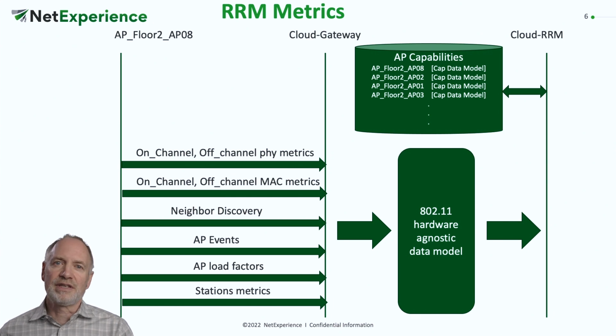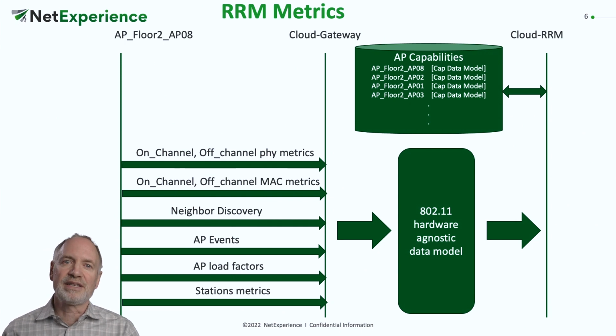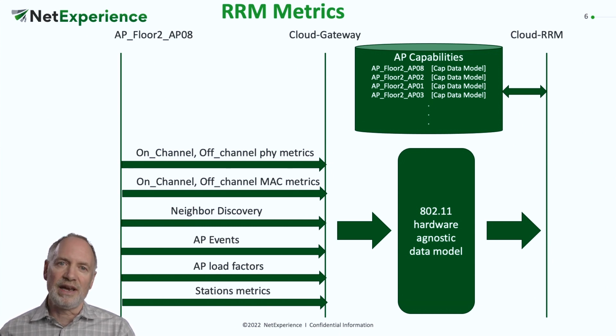So the different metrics and events it will collect can cover on-channel, off-channel, physical layer metrics, MAC layer metrics, information about managed and unmanaged AP neighbors, but also things like AP 802.11 events, internal load factors, and a set of very detailed metrics for every station attached and unattached to this access point.